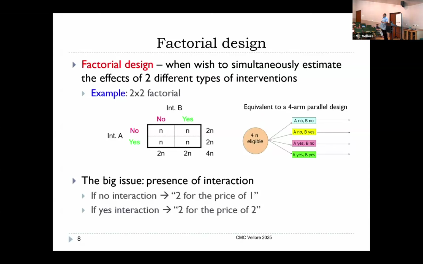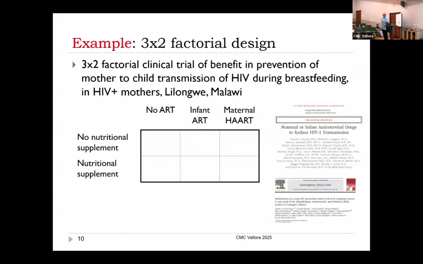So it depends on your question, right? Because you will calculate a sample size for testing the nutritional supplement question. What is the effect of the nutritional supplement on the outcome of the child getting HIV? And you will have an effect size that you expect.